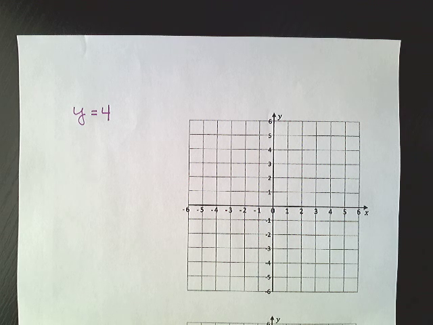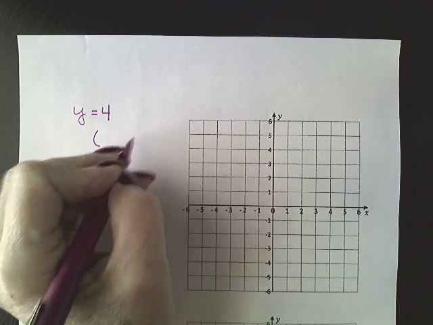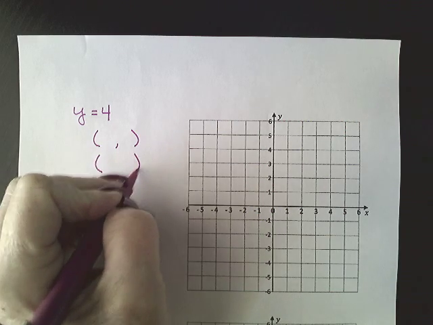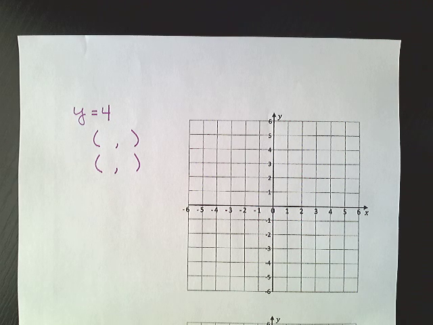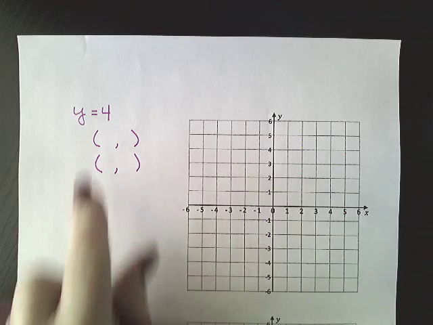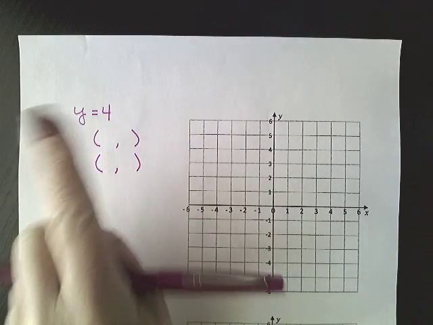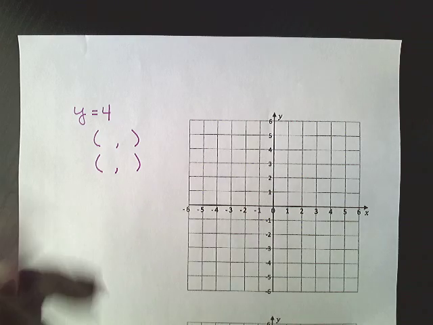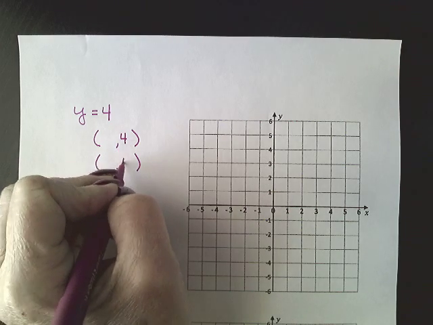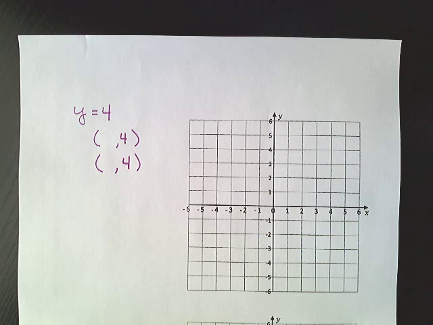Well, remember you need 2 points to graph a line. So I'm going to make 2 points here. The piece of information that was given to me is that my y coordinate has to be 4. So I am going to put my y coordinates in as 4.